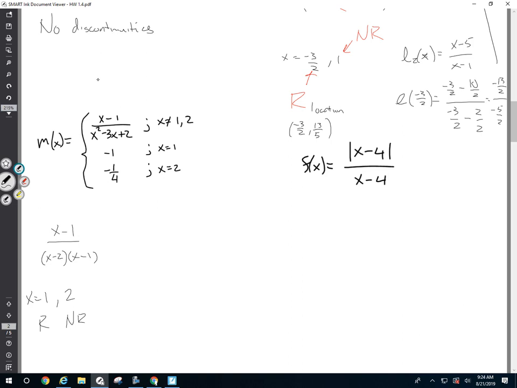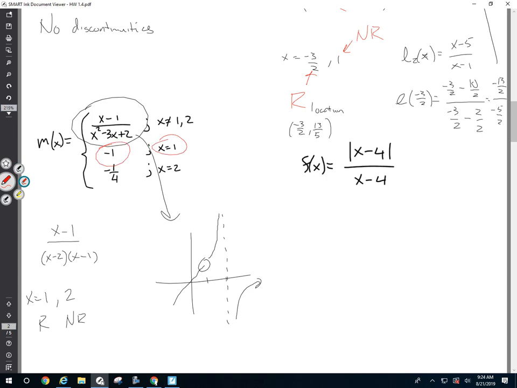Okay, so if I think about just graphing this piece, I don't know exactly what it looks like, but at 1, I'd have a hole, but at 2, I'd end up having an asymptote. And maybe the function looks something like that. I'm not sure. Well, if I have a point at 1, negative 1, maybe this point actually aligns with my function and with the hole.